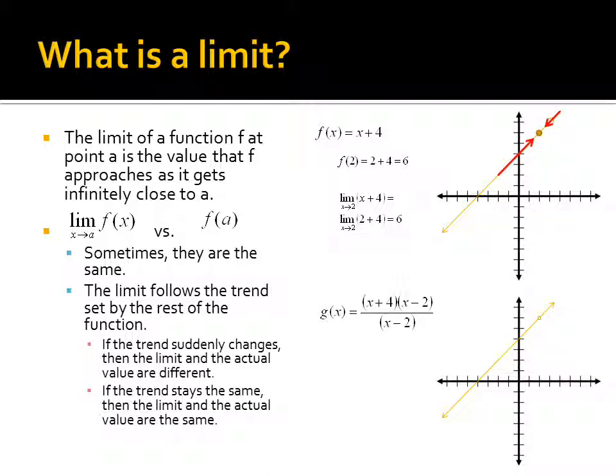And this, by and large, changes absolutely nothing, except at one point, and that point is x equals 2. If you try to take g of 2, when you substitute the 2 into here and the 2 into here, this gives you a 0, that gives you a 0, you end up with 0 over 0, and 0 over 0 does not exist.